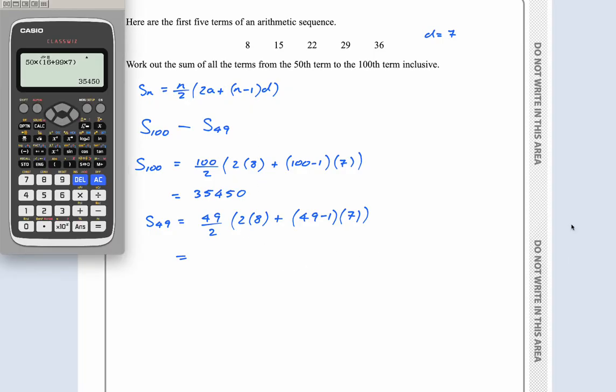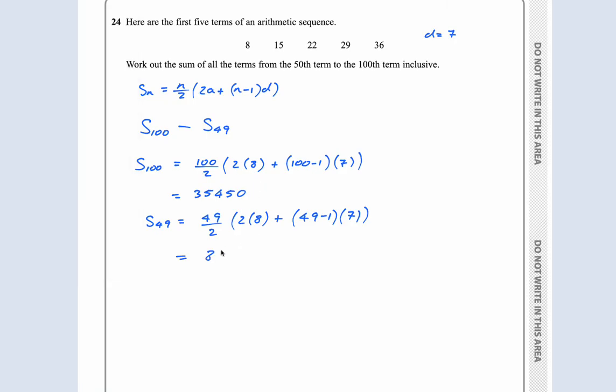On the calculator, I have 49 over 2 times 16 plus 49 minus 1 is 48 times 7, 8624. So now I go back to this.